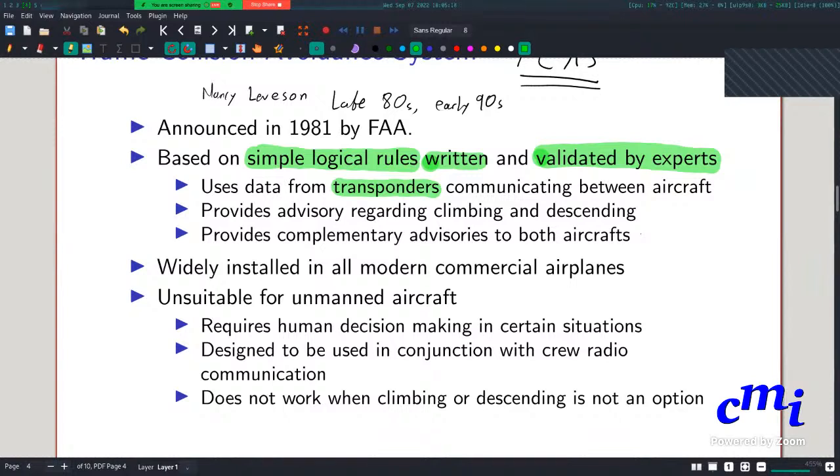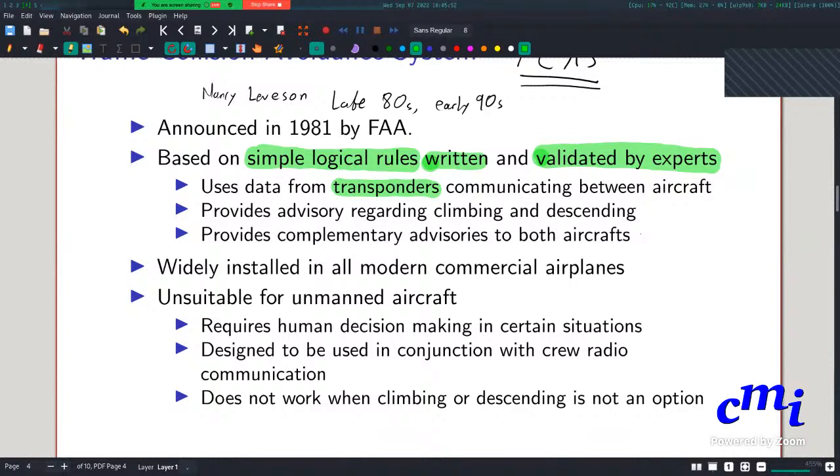The transponder gives out information like: this is me, this is the identification of the aircraft, here is where I am, and here is where I'm headed, with this much speed. Since we have these transponders, they can be used as a communication tool between aircraft. Whenever an aircraft receives a transponder message from another aircraft, it uses these rules to check whether there is a collision that is going to happen.